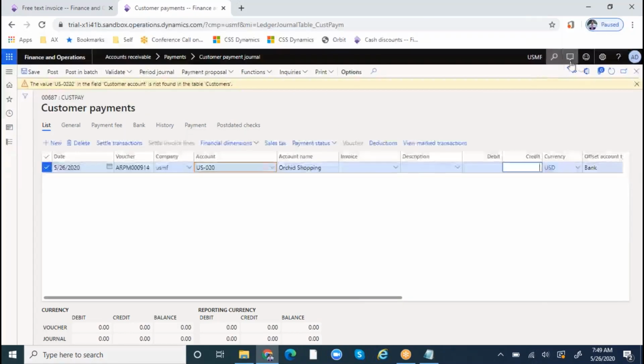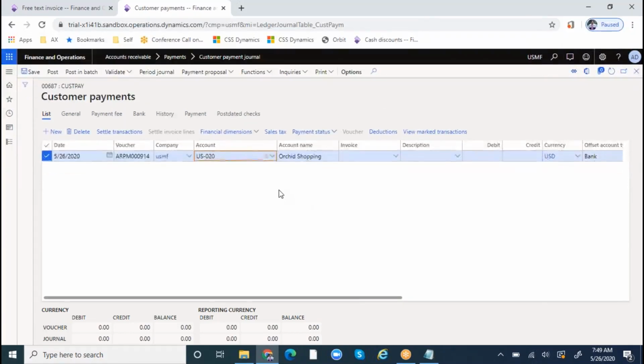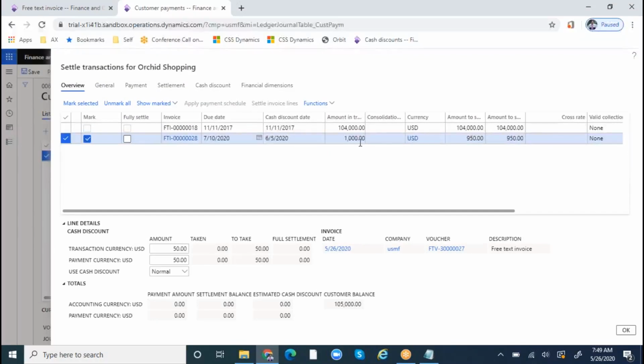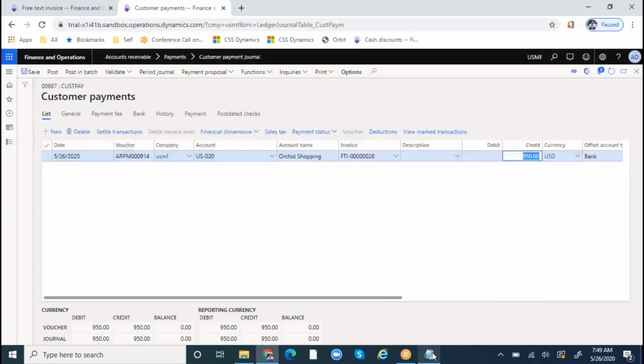Now if you click on settle transactions, we have just generated one invoice. This is 1000. If you click OK, it is automatically populating 950 instead of 1000.